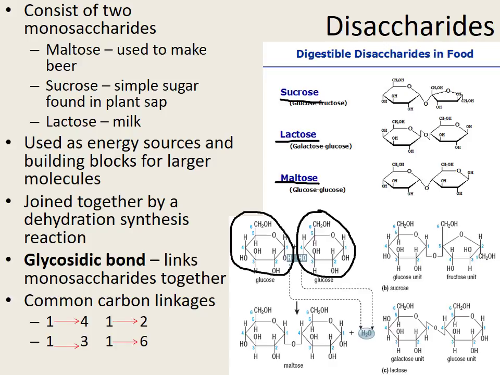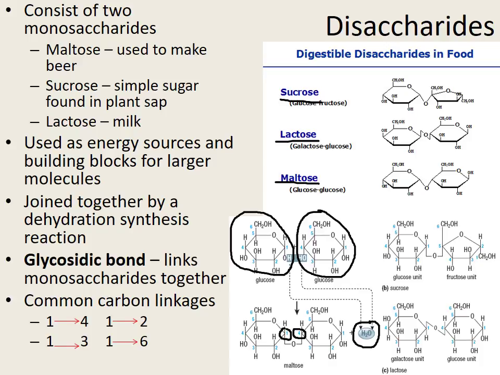Notice the reaction that will bind these 2 glucose molecules together is known as a dehydration synthesis reaction or condensation reaction, only because a water will be formed as a product when these 2 glucose molecules are combined. This is a 1,4 linkage, because it's linked to the 1 carbon of one glucose and the 4 carbon of another glucose molecule.